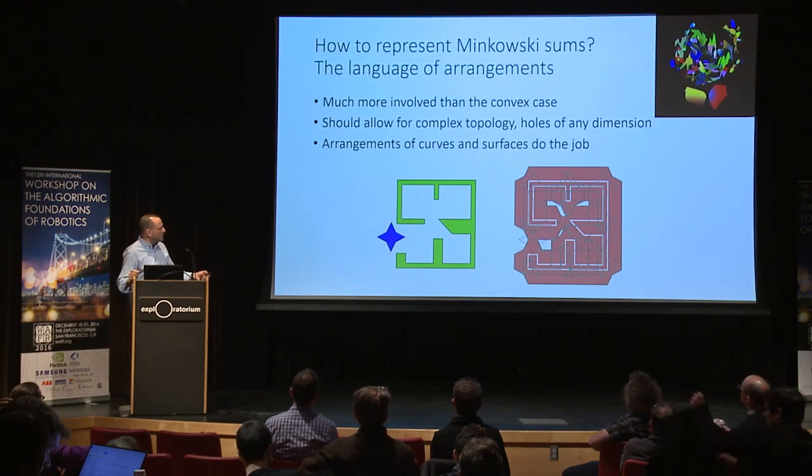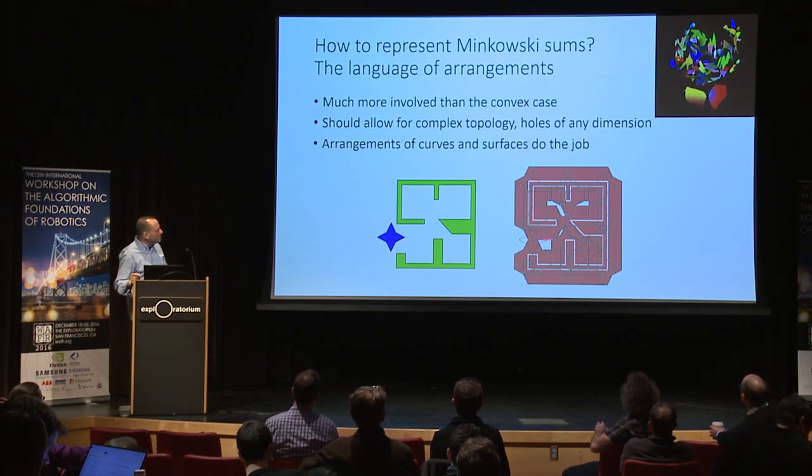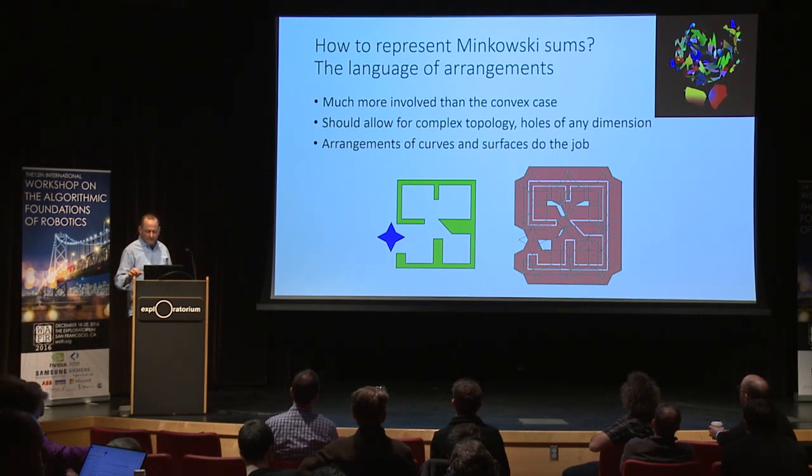You get a fairly complex object. You see, there is a boundary of the Minkowski sum here, which represents the fact that the star can slide in contact with these walls. There is a singular point here on the boundary of the Minkowski sum, which represents the fact that the star can be placed here, but it's immobilized here.